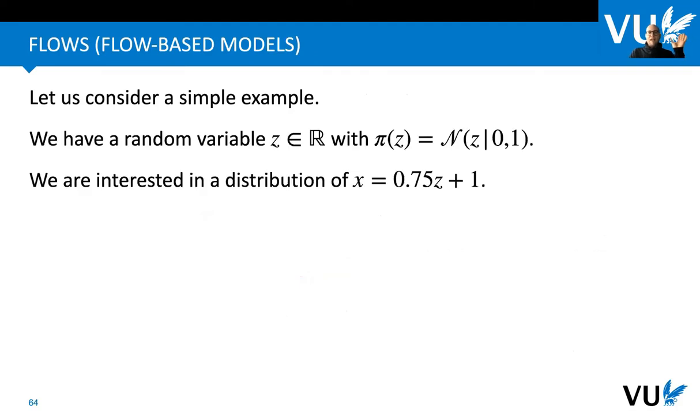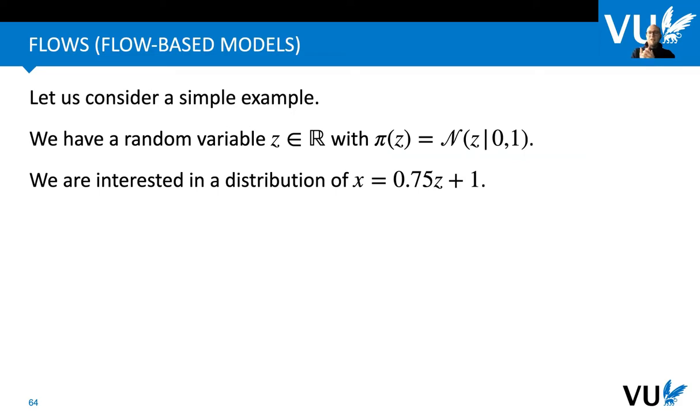Let's say we have a random variable, one single random variable z, that is Gaussian with mean 0 and variance 1. Now, the question is, what will be the probability distribution of a new random variable x? In this case, this is a random variable that somehow processes this z.